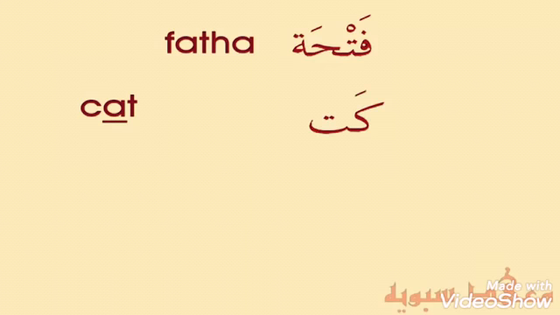Now I've transliterated cat into Arabic, so we have the kaf here, so it makes the same sound, the k sound, and then we have the ta, which is equivalent to the t in English. So this says cat. So notice the vowel is on top, not after it, as in cat.